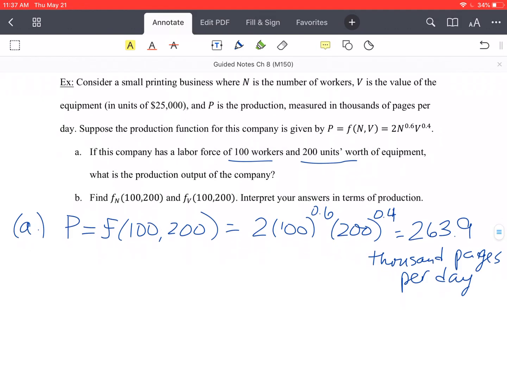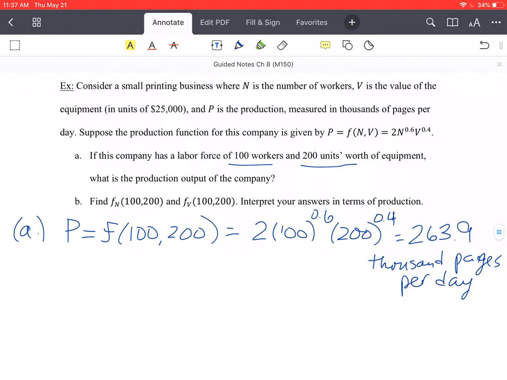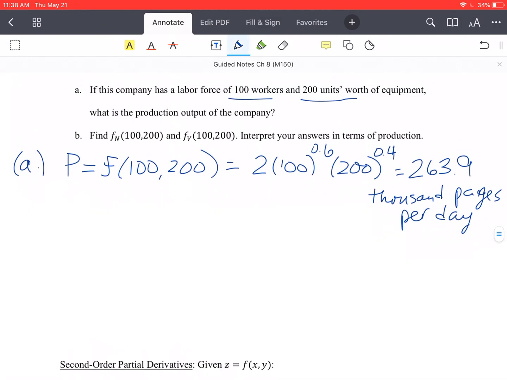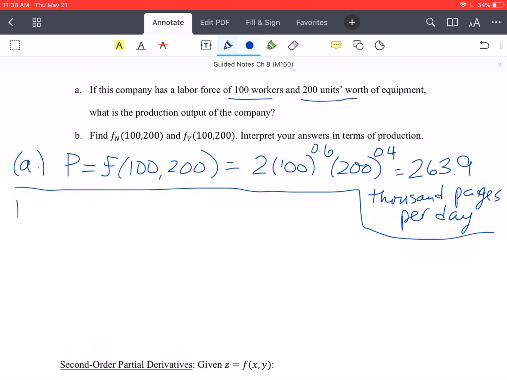Part B, let's find the partial derivatives with respect to n and with respect to v at this value of 100 comma 200 and interpret what these answers mean in terms of production.